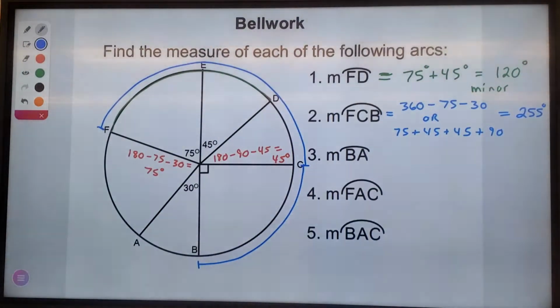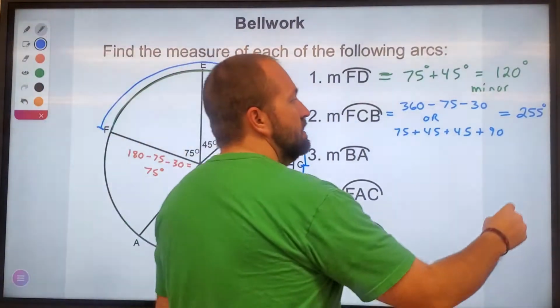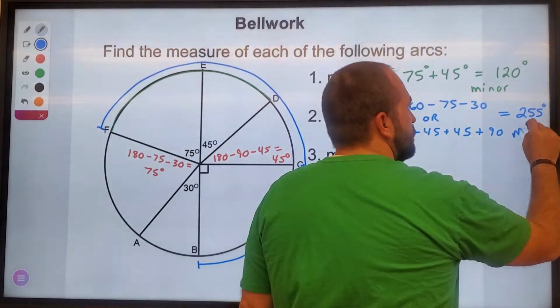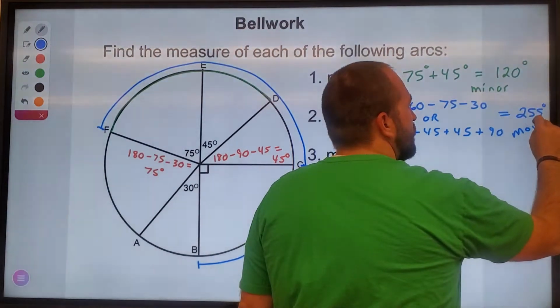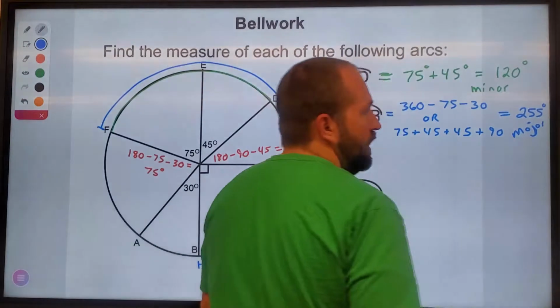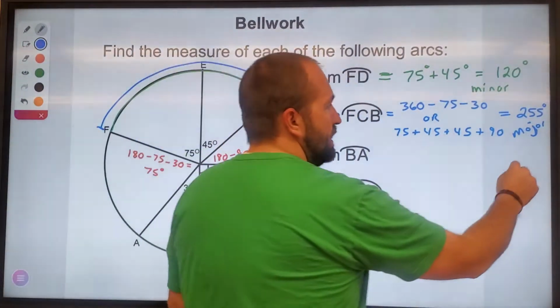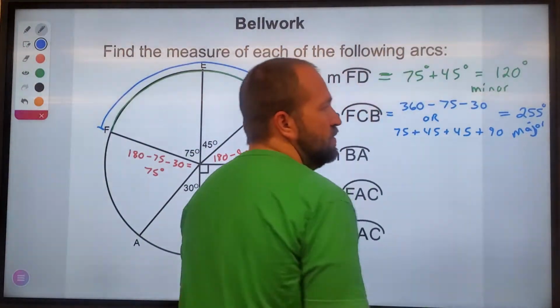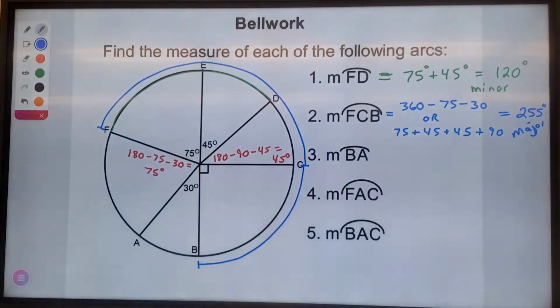And again, if I classify this, then 255 is more than 180 degrees, which makes this a major arc. F-A, looks like an O. Okay. BA, let's go with red with this one.